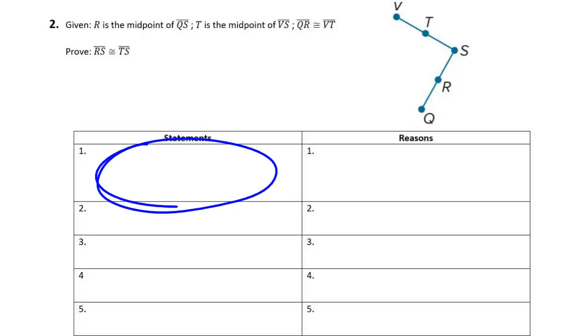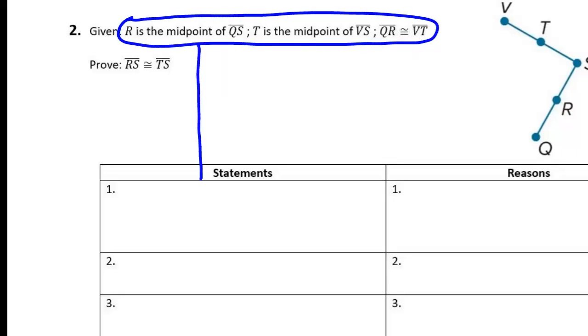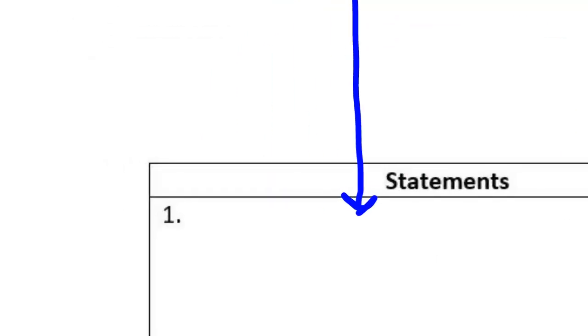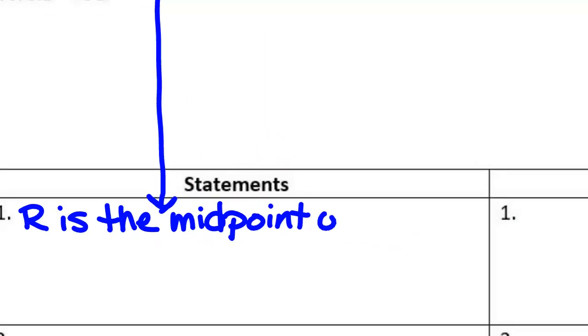What goes here? Perfect. All of this right here comes down to my statement box. R is the midpoint of QS.